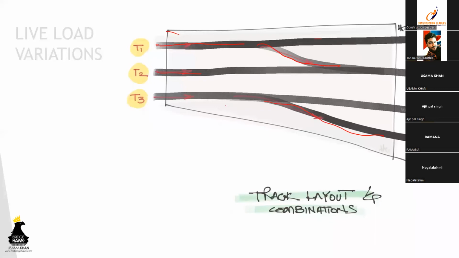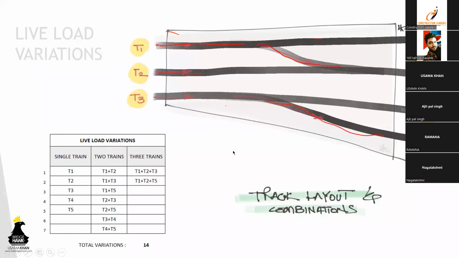These are the possible variations, and all of these are live load cases. You have to create all these live load cases in the model. In my case, I did it on Midas. We are assuming that only a single train is going on the bridge span. This is case number 1, T1.